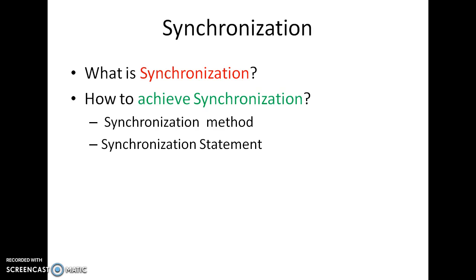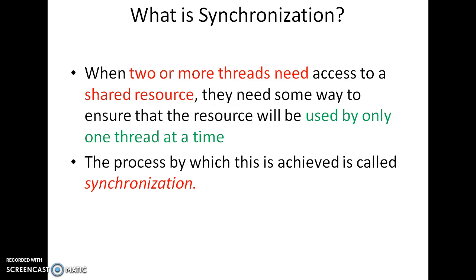Let us see what synchronization is, and before that we should know about the multi-threading concept. We all know multi-threading allows concurrent execution of two or more parts of the same program.